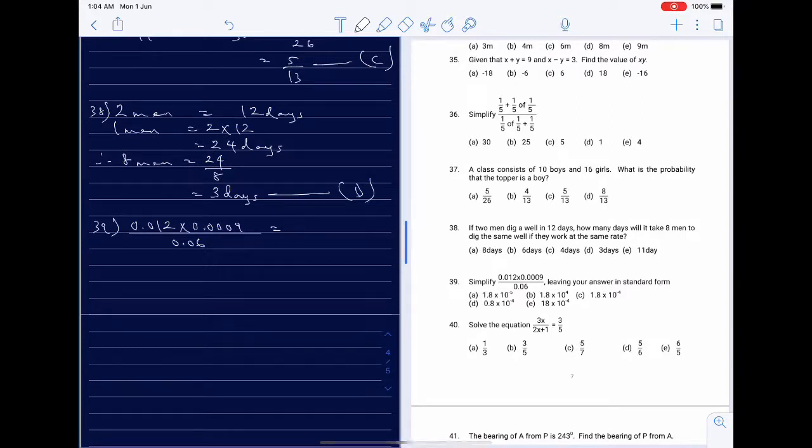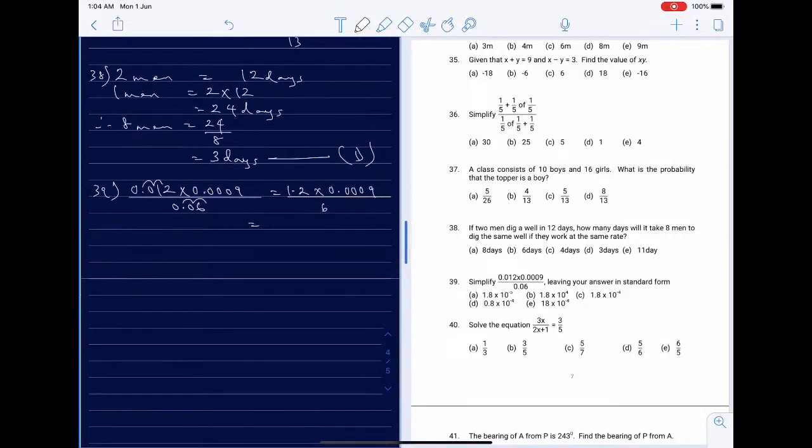I can remove a decimal here, 1, 2, and do the same here, 1, 2. So that means 1.2 times 0.0009 divided by 6, which is equal to, what's 1.2 times 0.009?